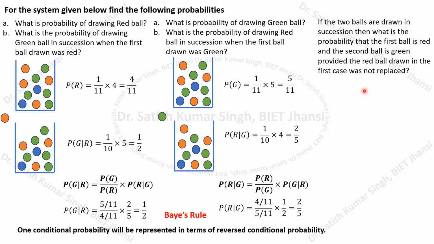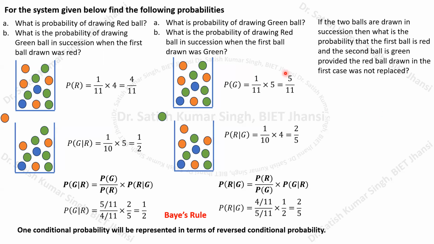Here we have to talk about the probability in which the first ball must be a red ball followed by a green ball. We have to talk about this probability jointly.